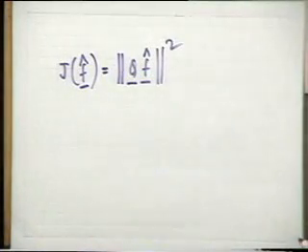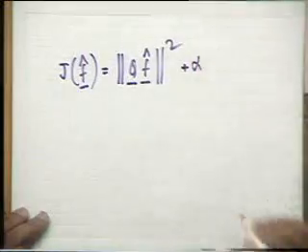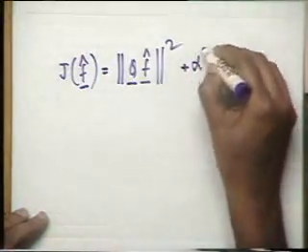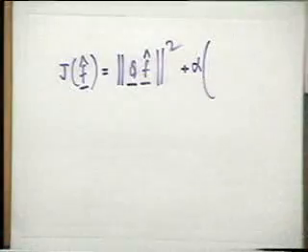This term obviously we are going to minimize, plus we are going to introduce the constraint term with some multiplication factor. So let us have some multiplication factor alpha, and then within the parenthesis we will be writing the error in the constraint term.